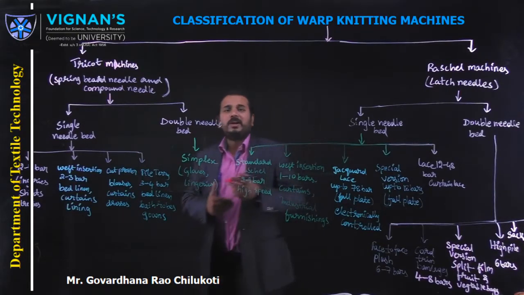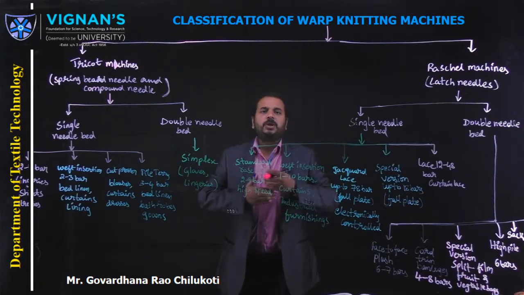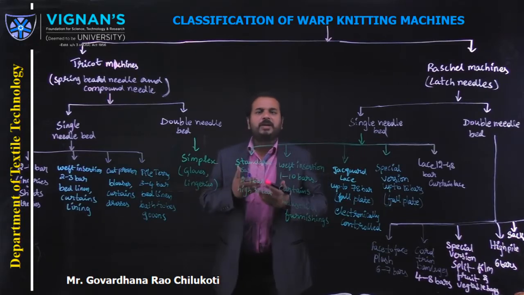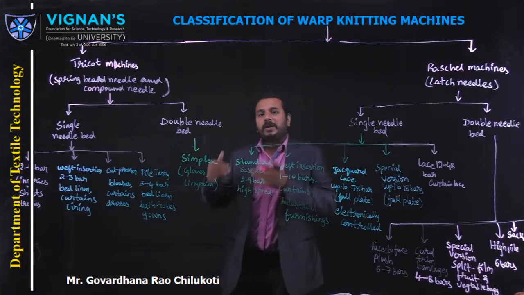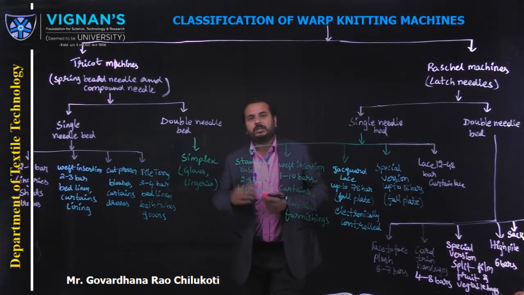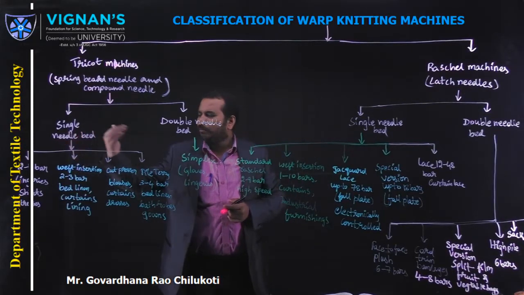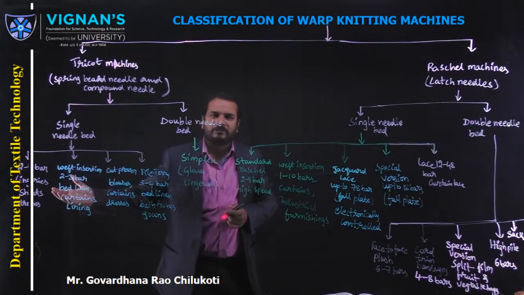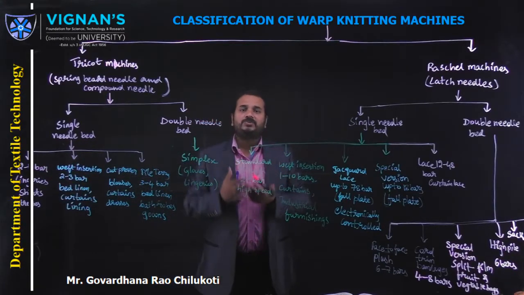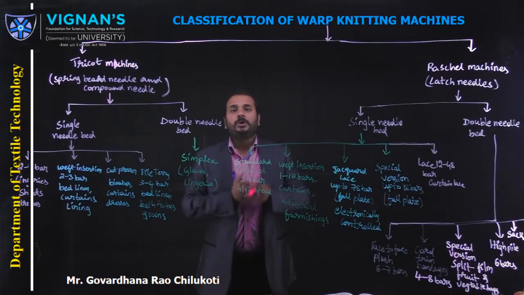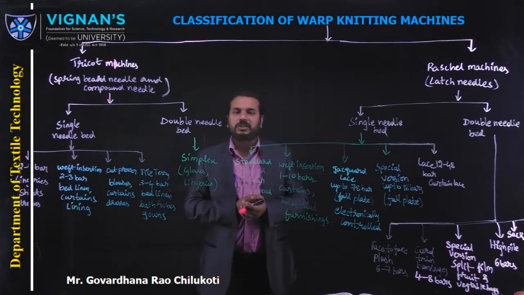How many guide bars we use depends on the number of guide bars and the number of needle beds we are using, and complicated structures can be produced. For example, if you are using a single needle bed and many guide bars, say 5 guide bars, you can produce different complicated fabric structures in this category.